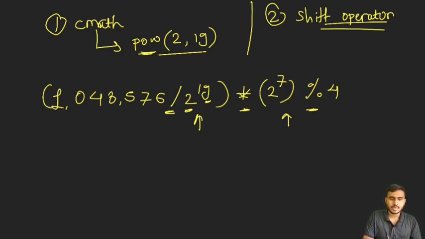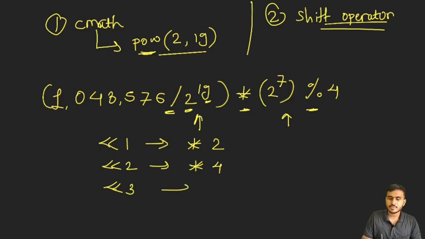If you are doing left shift by 1, it is equivalent to multiplication by 2. Left shift by 2 is equivalent to multiplication by 4. Left shift by 3 is equivalent to multiplication by 8. Now, this 2 is basically 2 raised to 1, this 4 is 2 raised to 2, and this 8 is 2 raised to 3.